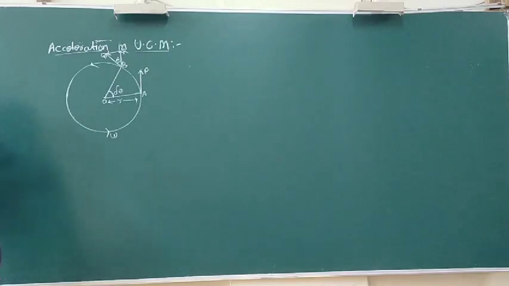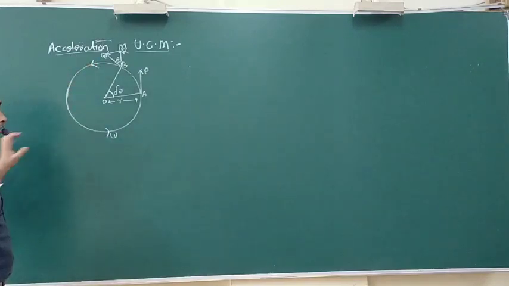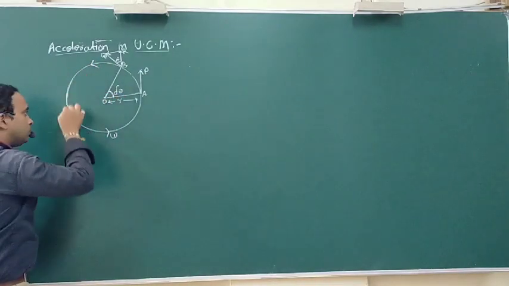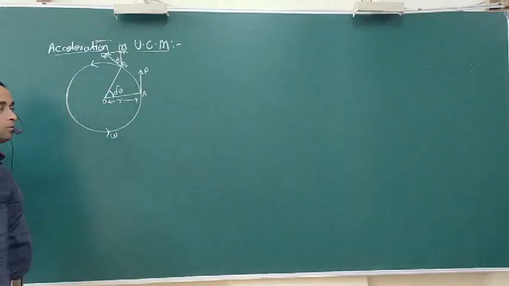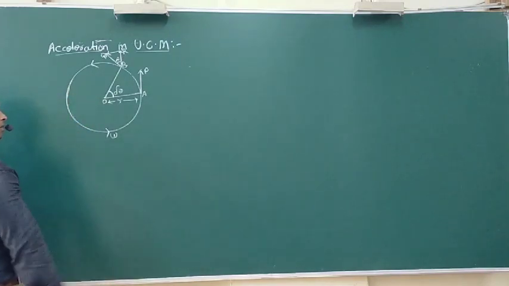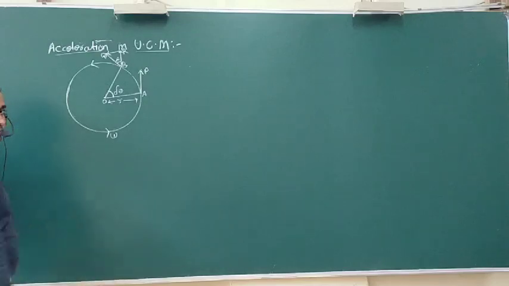Now let us consider a particle which performs uniform circular motion along the circumference of a circle of radius r.